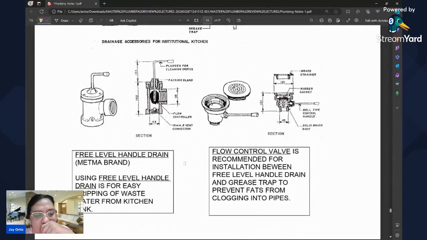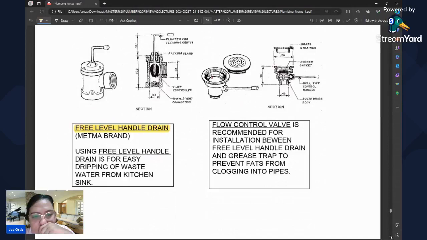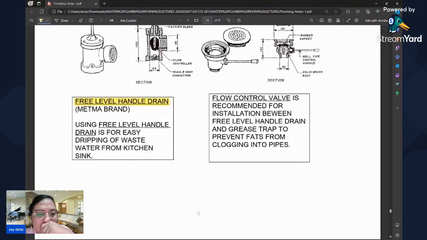Here's the free level handle drain. It is easy for dripping of wastewater from kitchen sink. That's the purpose of free level handle.